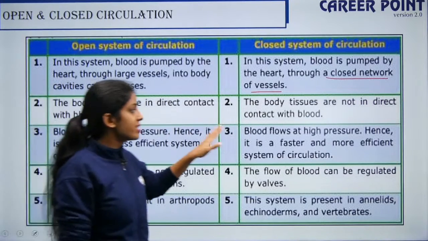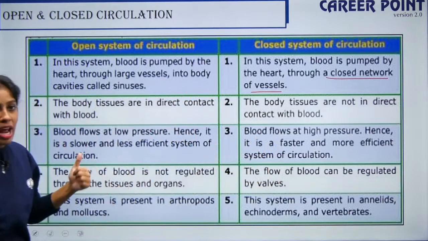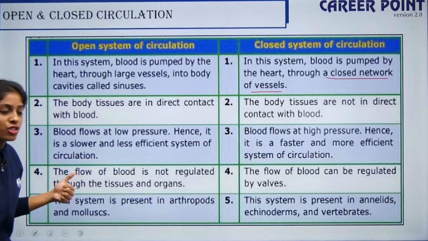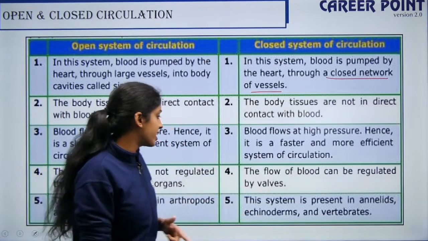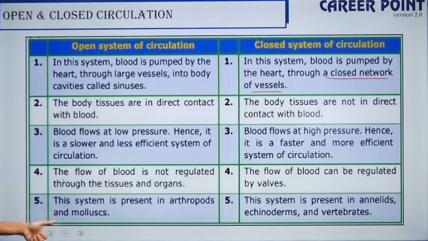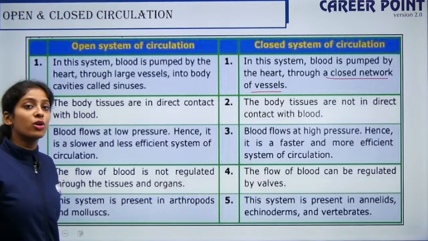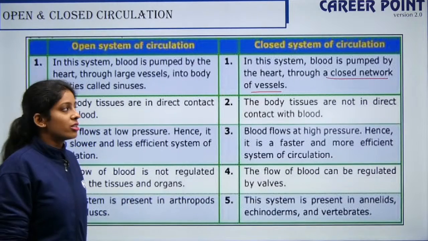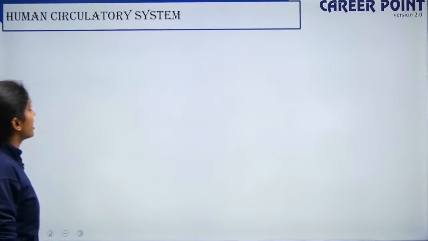Whereas in the closed system, blood flows at a higher pressure, so it is faster and more efficient. In the open system, the flow of blood is not regulated through the tissues and organs, whereas in the closed system it can be regulated by valves. The open system is present in arthropods and molluscs, but the closed system is seen in annelids, echinoderms, and your vertebrates. So this is the difference between your open and closed circulatory system.